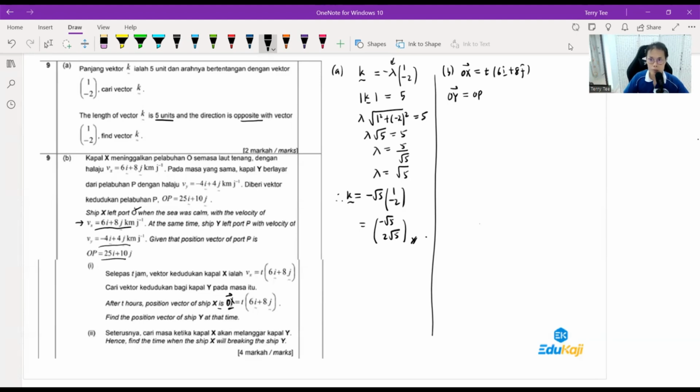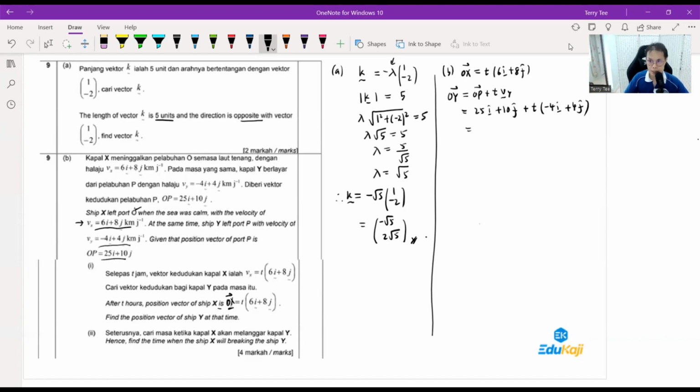So we say OP plus T times the velocity of ship Y. Okay, this is your VY. The position vector of port P is 25i + 10j. Then you add T multiplied by the velocity of ship Y, which is -4i + 4j.